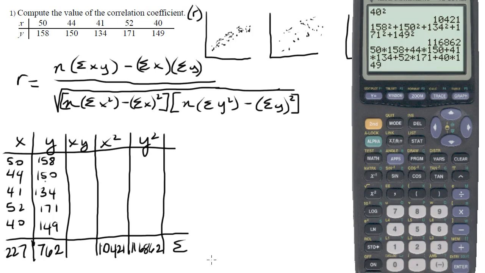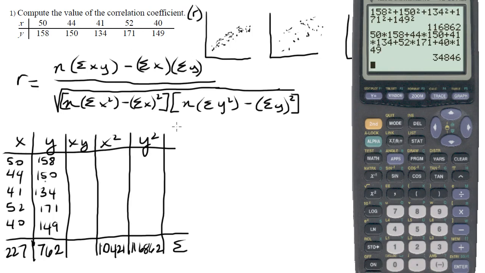All right, let's make sure I got that. X times y plus x times y plus x times y plus x times y plus x times y. Okay. That sum is 34846.